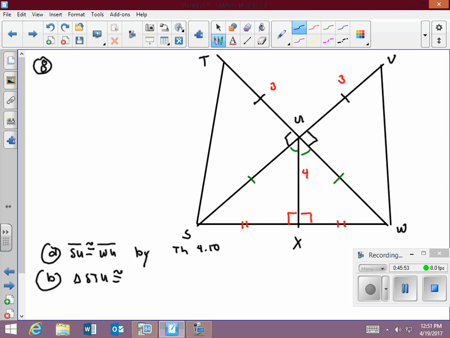Okay. And then VW equals, and they want to know the measure of that.